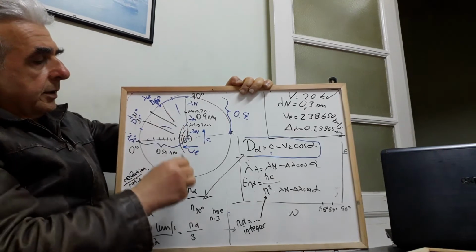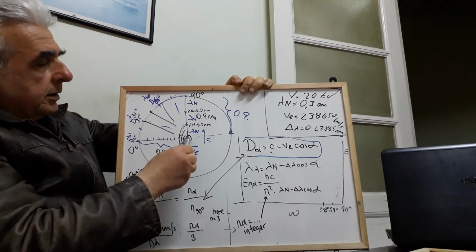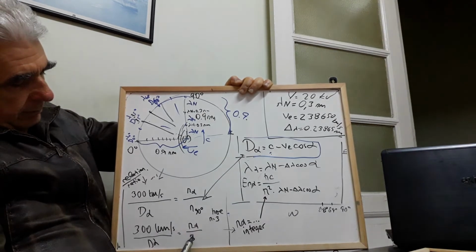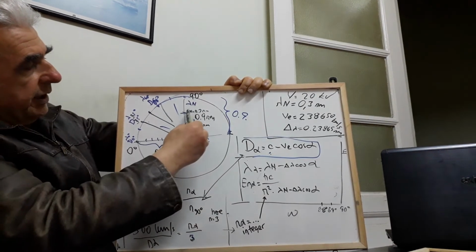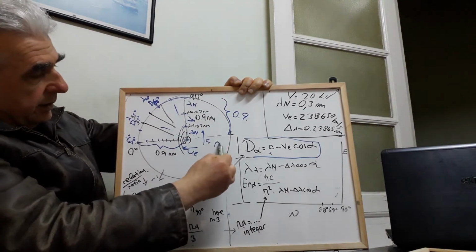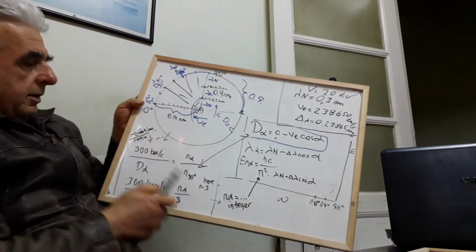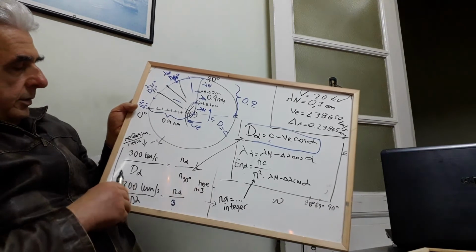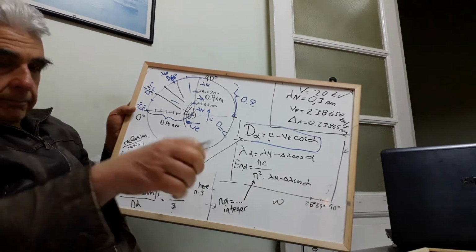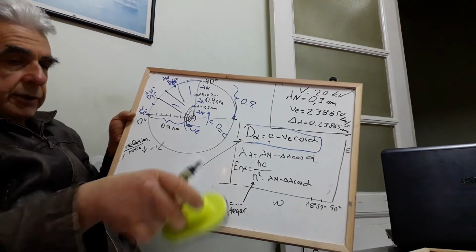If in a certain time interval, 1, 2, 3 paces, the number is 3 and velocity d equals c. This is my main formula. Now, I will explain this ratio.